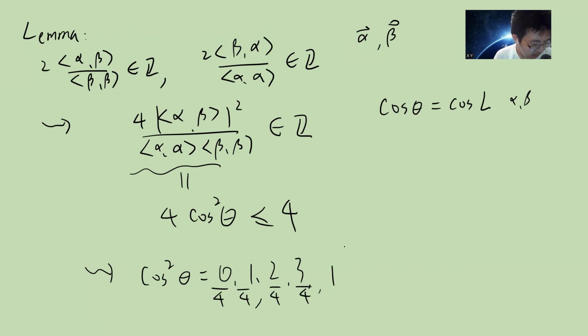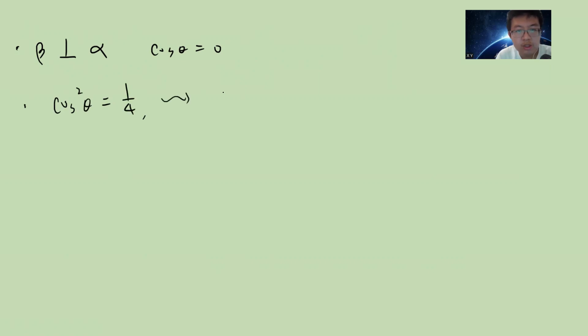Which tells you that you have the following situations. The first possibility is that β is orthogonal to α, which means that cos θ is 0. If cos θ is 1/2, it means that the angle between α and β is π/3 or 2π/3.